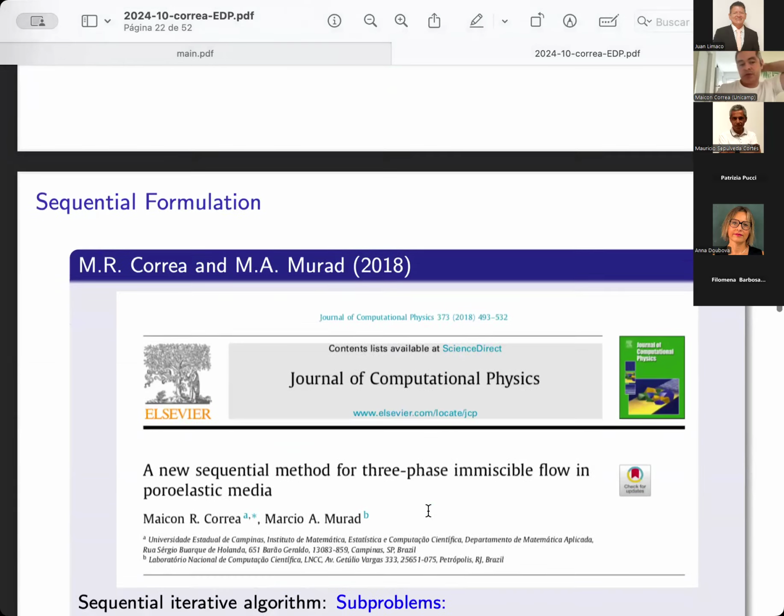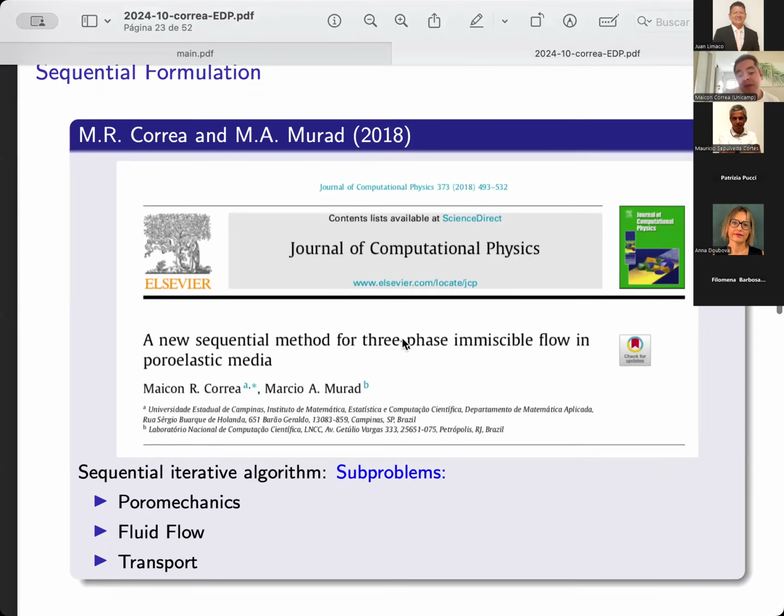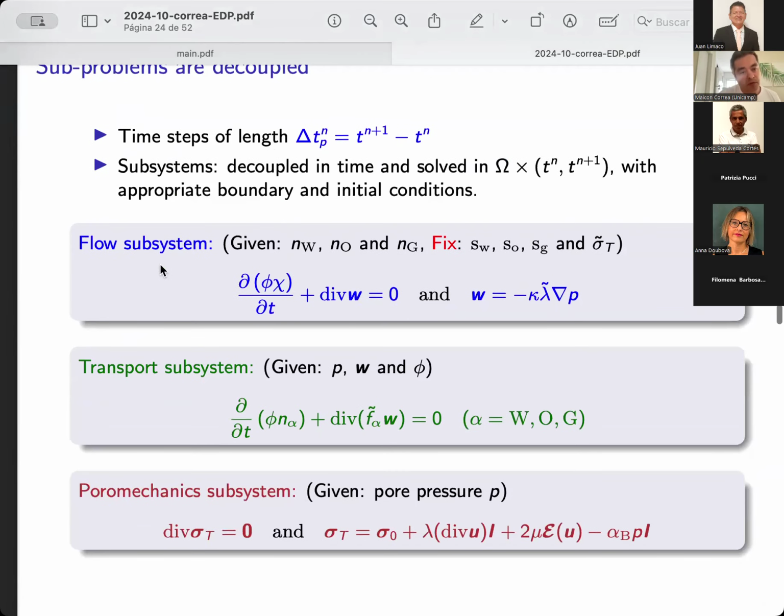Everything is here. So what is the idea? The idea is to use a sequential formulation. The first version of this sequential formulation is published in this paper. And the idea is to split the whole problem into sub-problems. So we have here a subsystem for the flow, a subsystem for the transport, and a subsystem for the geomechanics.